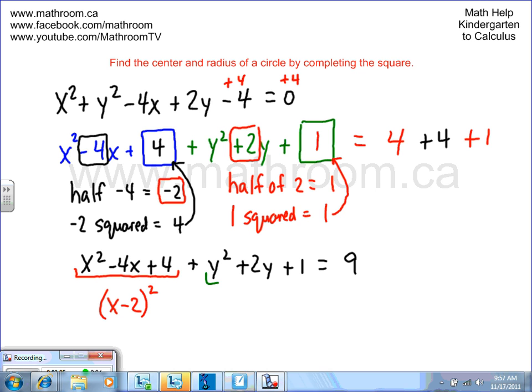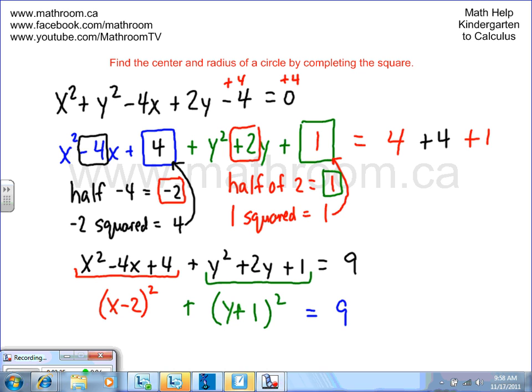The reason we added 1 to this trinomial is because that is now a perfect square, represented by y, and we use the 1 here, plus 1 squared. If we expand y plus 1 squared, we would get y squared plus 2y plus 1. If we expand x minus 2 squared, we would get x squared minus 4x plus 4. And now on the right-hand side, we still have 9.